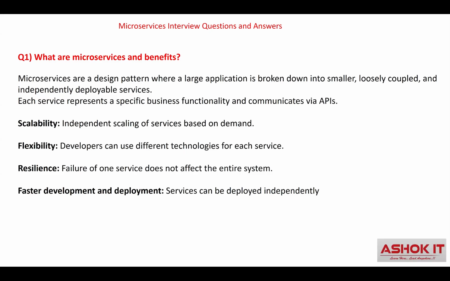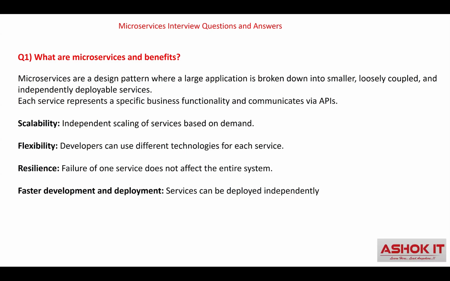Each of these services represents a specific business functionality, a specific business feature, and communicates via APIs. It can be REST API, it can be different kinds of communications, right?